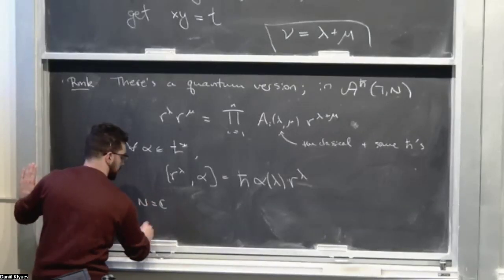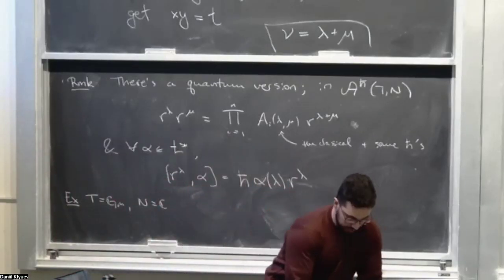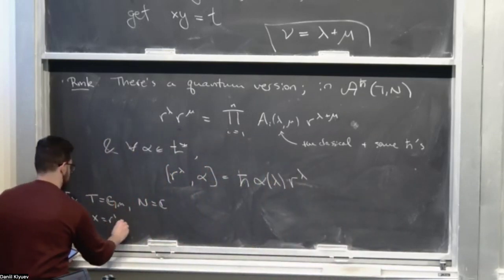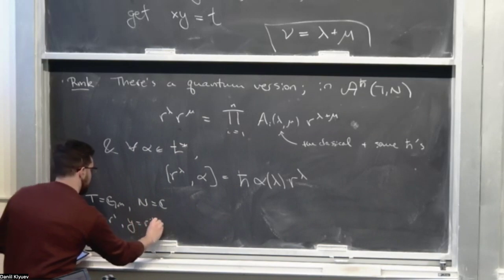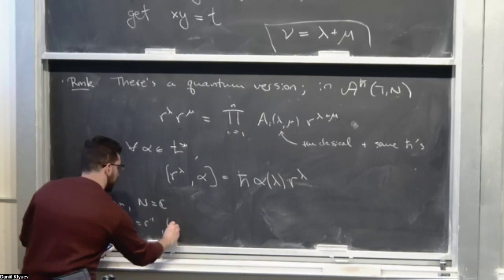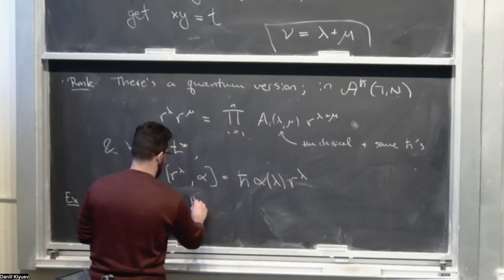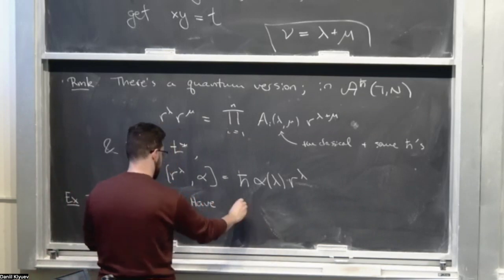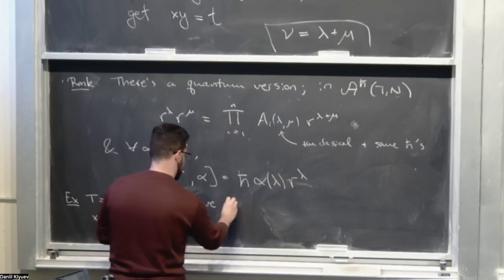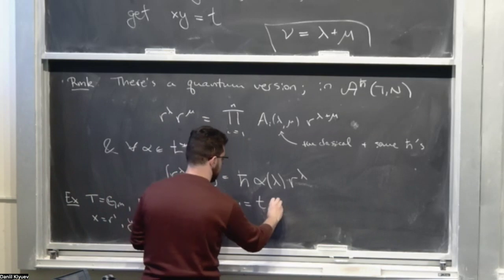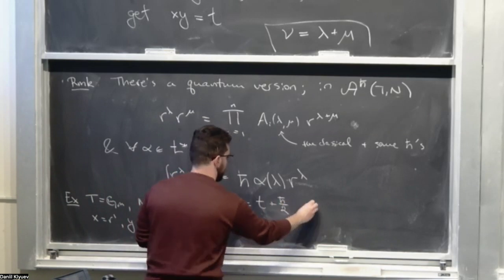And let's see, I have to remember the signs. So remember that I had X as R1, Y as R minus 1, and then T is a generator of T dual. And then here XY used to be T, it's now T plus H bar over 2.